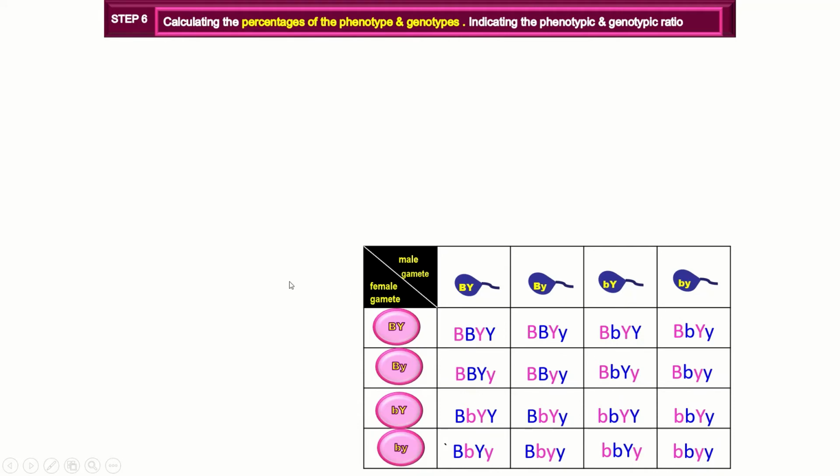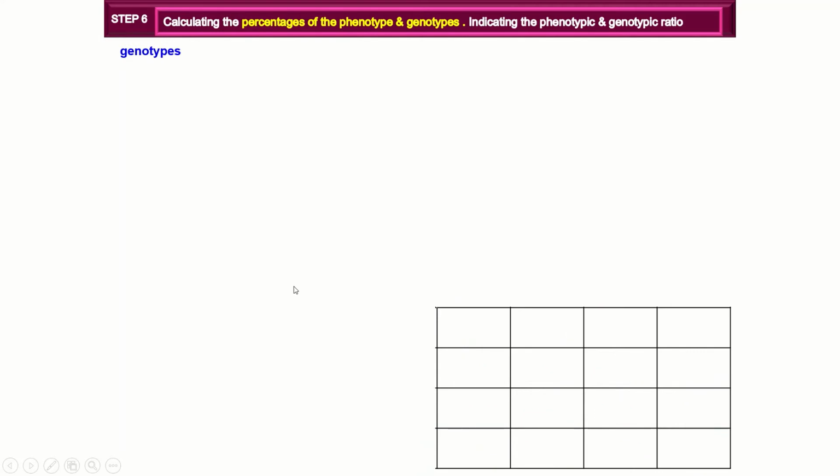So let's start with the genotypes. Here is the first genotype. Both are capital letters, so we'll say homozygous without RHD and homozygous without COPD.